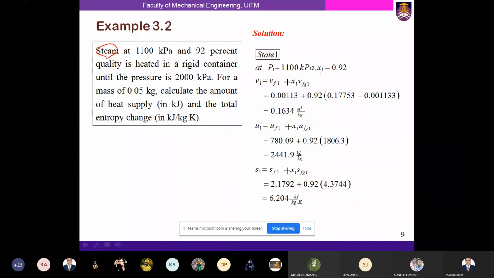So we know how to use the steam tables. At pressure P1, 1100 kilopascal, we have to look at the specific volumes.